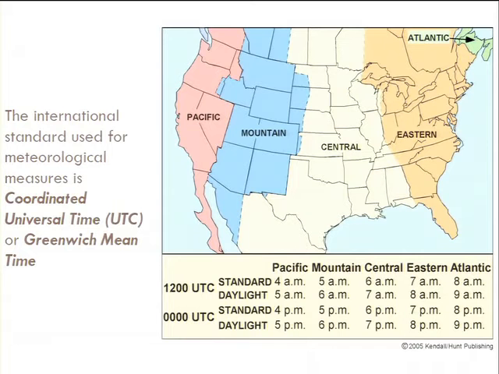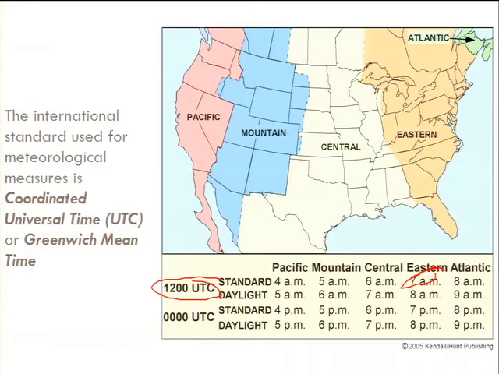So when you look at a weather map, you might see a measurement at 12 UTC, which is noon in Greenwich, England. That would correspond right now to 7 a.m. our time. So noon in Greenwich would be 7 a.m. Eastern, and that's because we're in standard time. Once we move the clock, that changes.